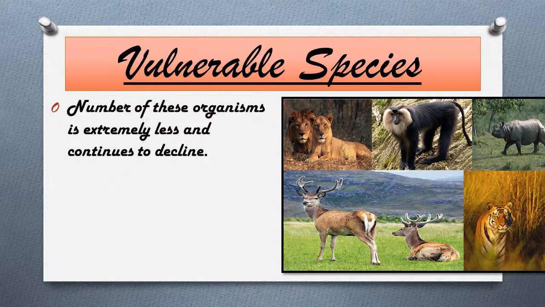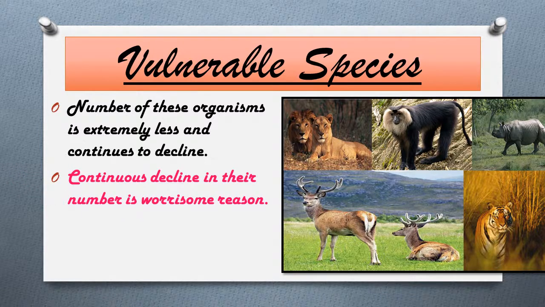A species is vulnerable if its population has declined by at least 50%. Habitat loss is the leading known cause of population decline. That means habitat loss, that is deforestation, is a major reason for population decline in all species, and the continuous decline in number is a worrisome reason.